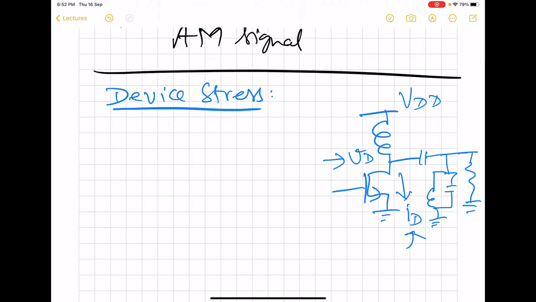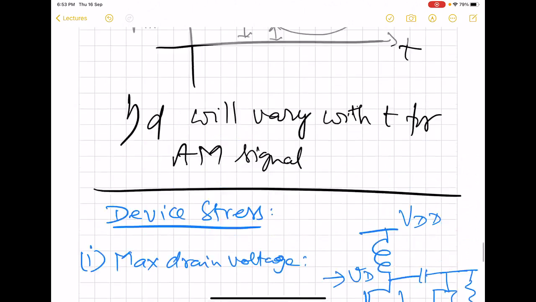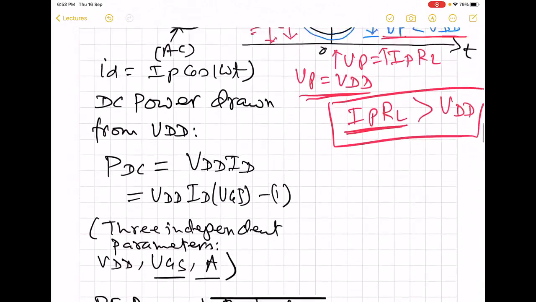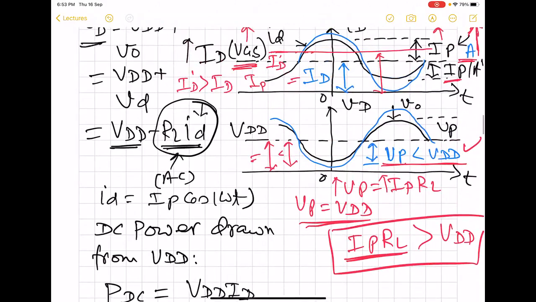So for that, we will have to see those waveforms that we analyzed earlier, plotted earlier. So we found that the maximum drain voltage that it experiences, the maximum amplitude is equal to VDD. So total swing is going to be equal to 2 VDD.